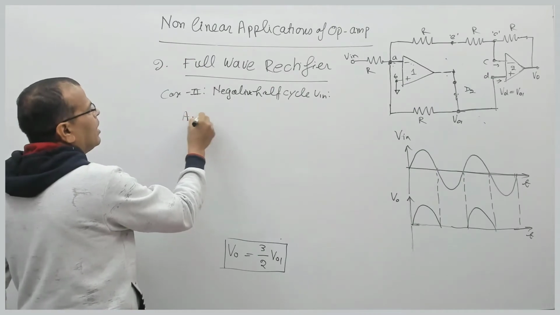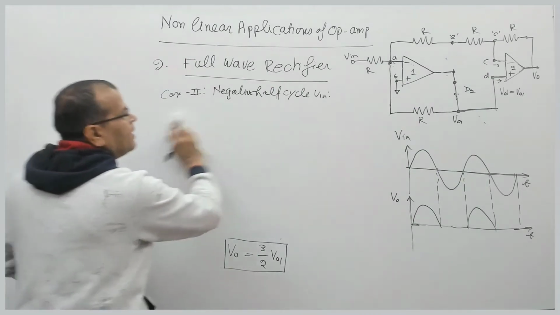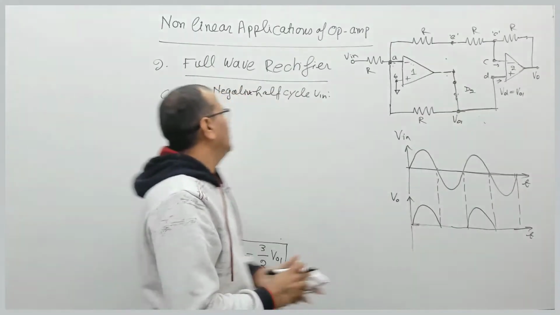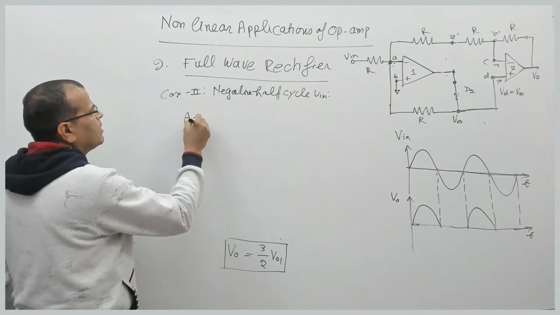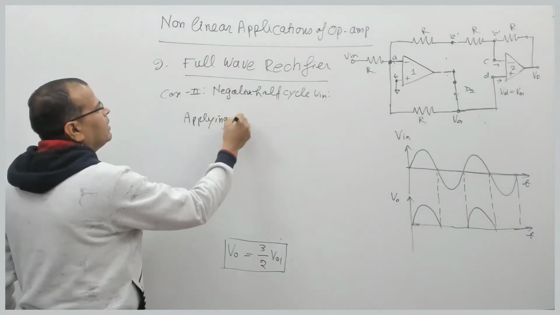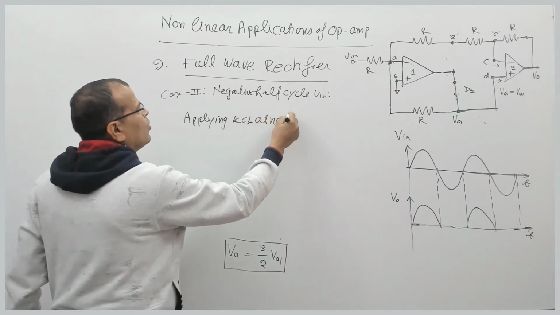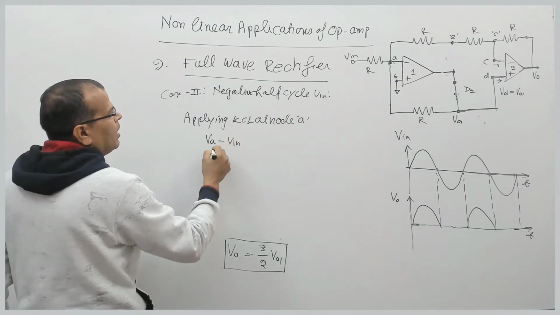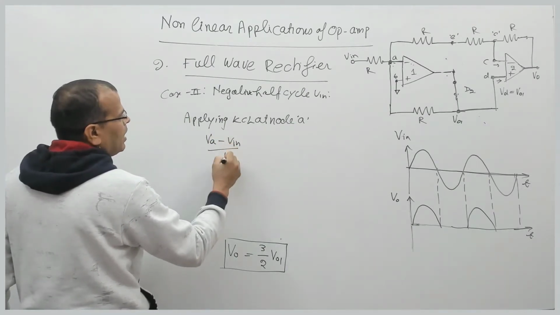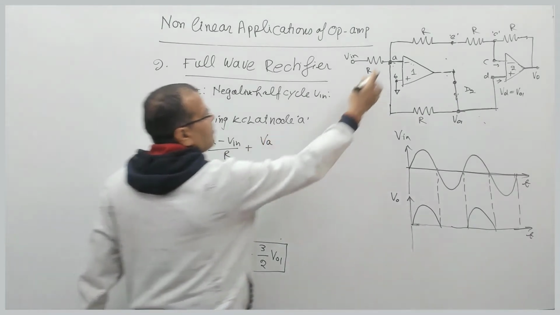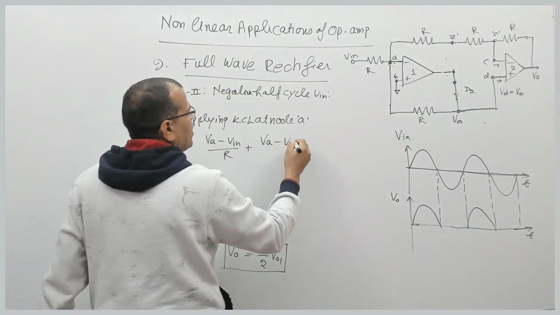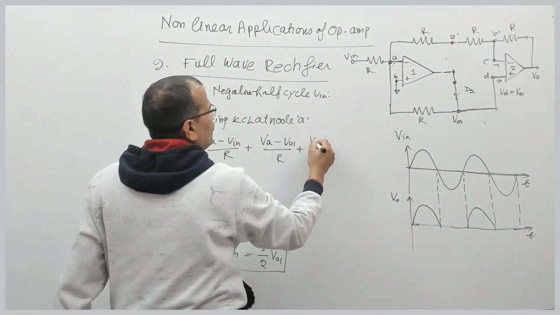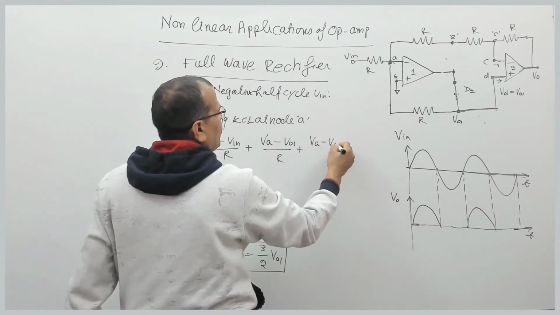Now let us proceed further. Here we applied KCL at node C. Now we apply KCL at node A. When you apply KCL at node A, what do you get? VA minus VN upon R plus VA minus V01 upon R plus VA minus VC upon 2R.